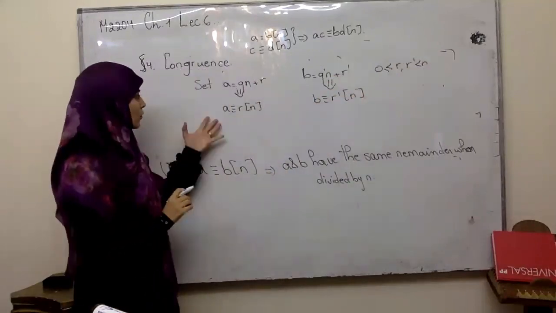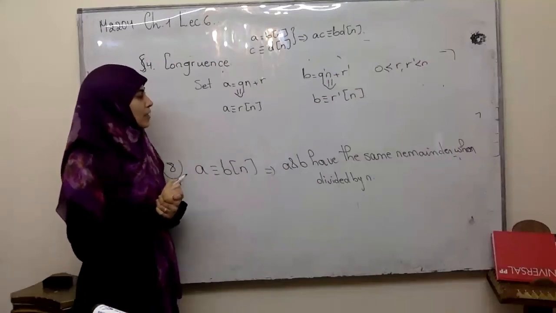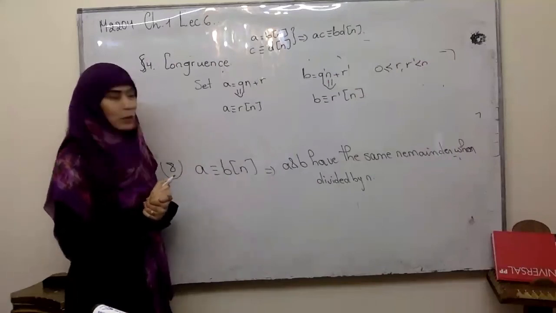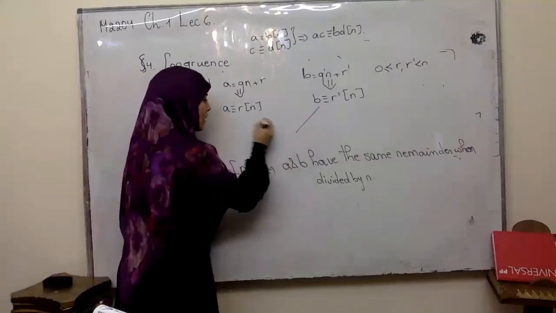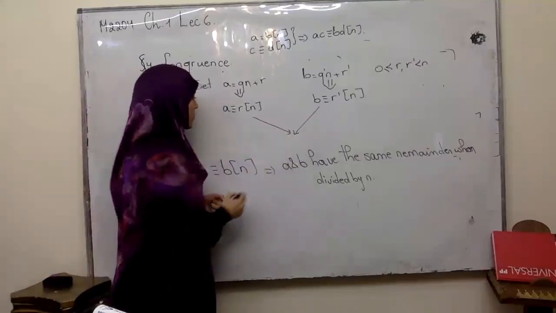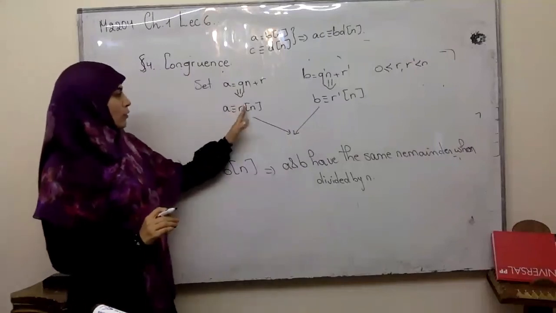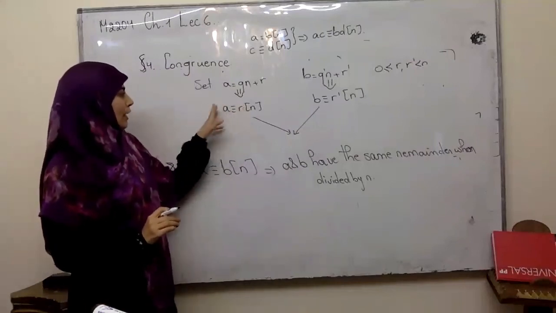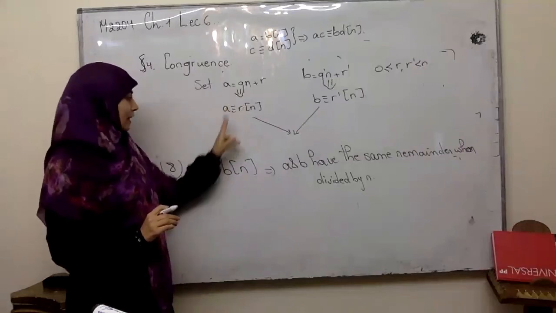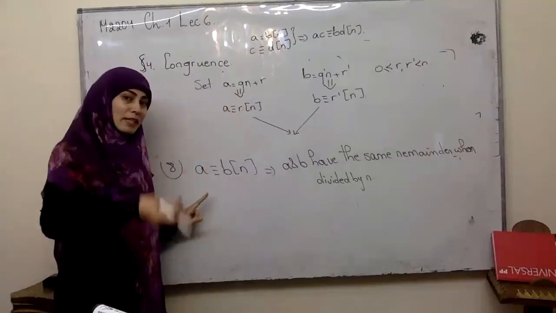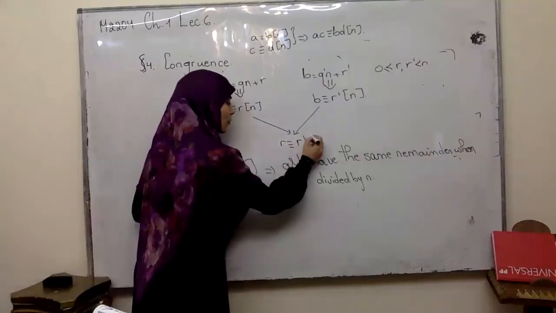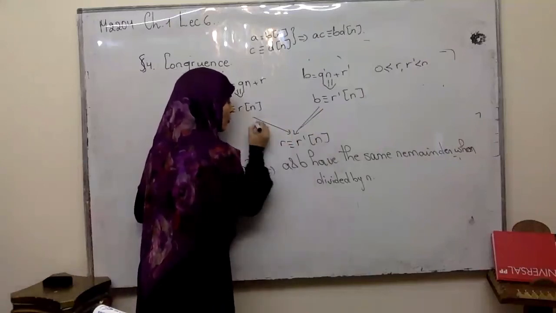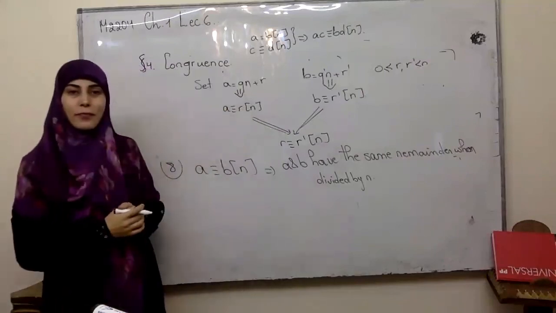A is congruent to R modulo N and B is congruent to R prime modulo N. What can we conclude? Because it is transitive, A congruent to R and A congruent to B given, so R is congruent to B, and again B is congruent to R prime, so we get that R is congruent to R prime modulo N. Together they give me this result.